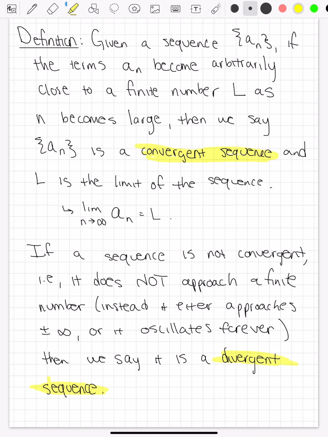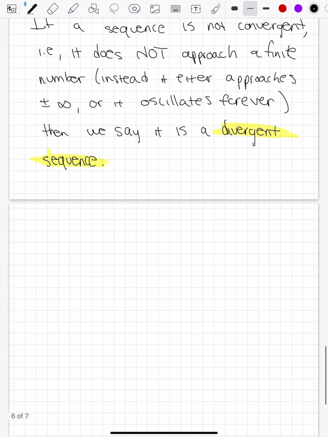And the definition follows from the definition of whether an improper integral converged or diverged, right? So let's look at this technical formulation, this epsilon definition of a convergent sequence. If this doesn't make sense, don't trip up on it too much, but I'll try to make it make sense to the best of my ability.